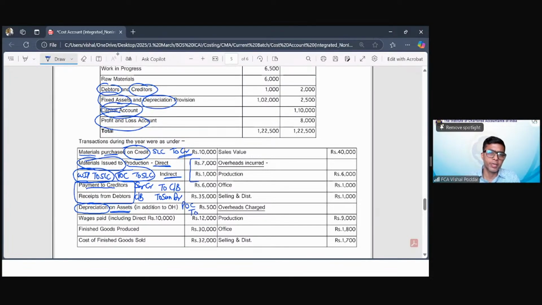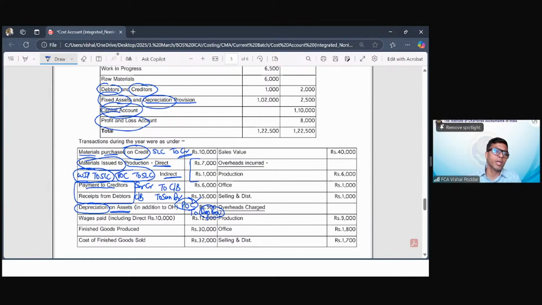The depreciation, if you remember your accounting entry, is calculated on the asset value. So we always credit the asset account. But here, if you see, we have the depreciation provision account. So in accounts also, where you have the depreciation provision account, you credit the depreciation provision account. So debit is depreciation, credit is depreciation provision.